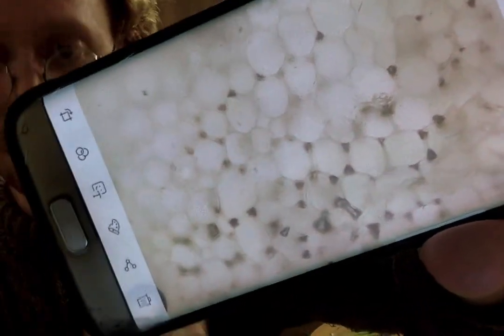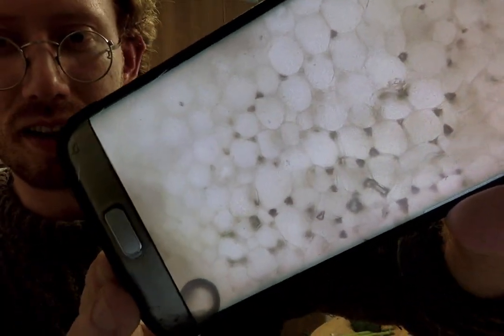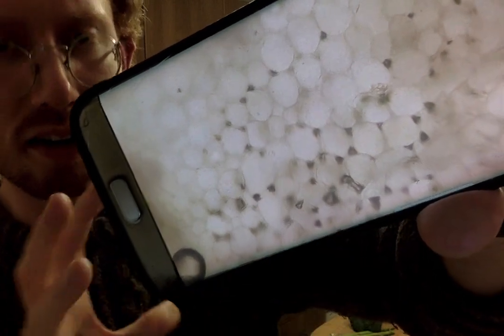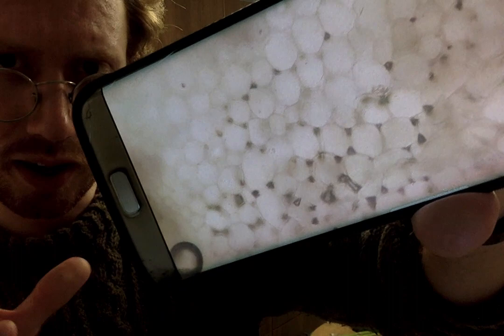And then this is the cell structure, at the same magnification, for the asparagus. You see that these cells are not quite as thickly packed. They don't seem to have that rigid structure. So what happens when you cook them is that these cells kind of burst. That's why the asparagus comes apart.